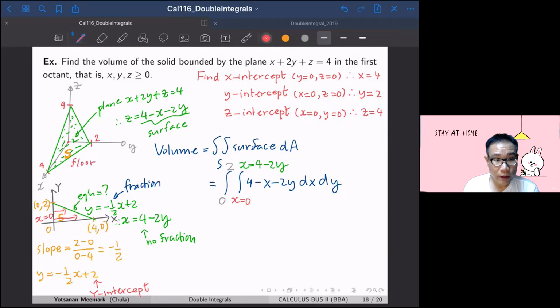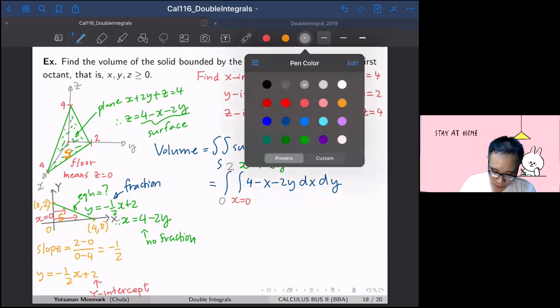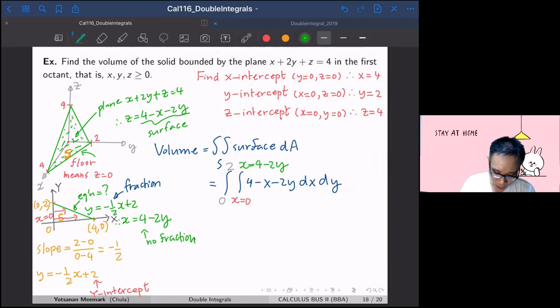On the floor means z equal to 0. It's on the floor, meaning the value of z equals 0. So the equation of the green line here turns out to be z equal to 0 on the surface: 0 equal to 4 minus x minus 2y.